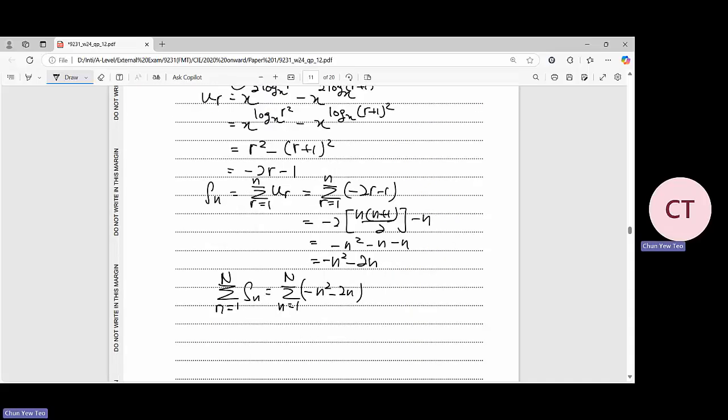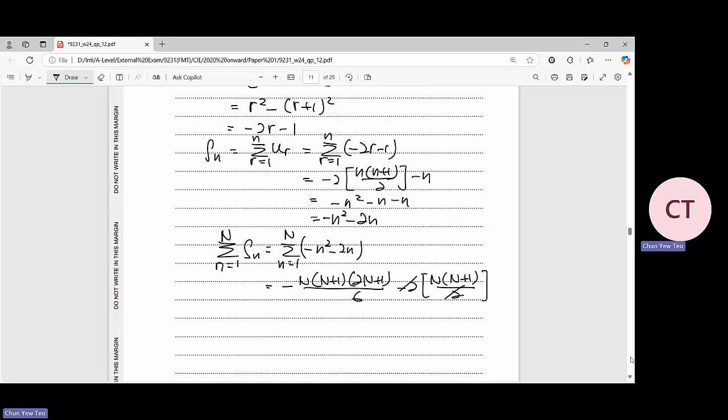According to the formula booklet FM19, this will be negative n(n+1)(2n+1) over 6 minus n(n+1) over 2. Cancel this, and factorize the negative n(n+1) over 6 out.